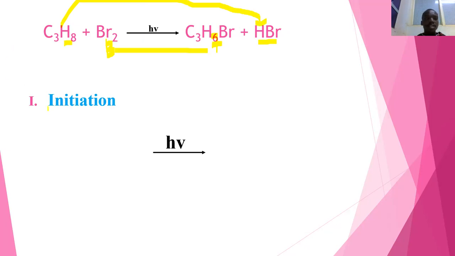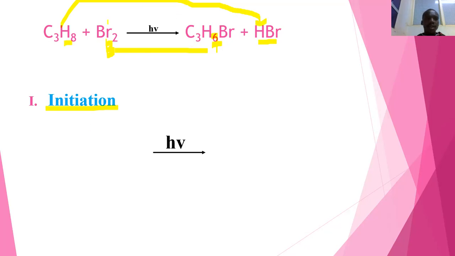The first one, we said, is initiation. In initiation, the non-radicals are converted to radicals, because we said that alkanes can only react with radicals, and the radicals are free. They don't have a bond which holds them tightly. They are loosely held so that they can take part in a chemical reaction.